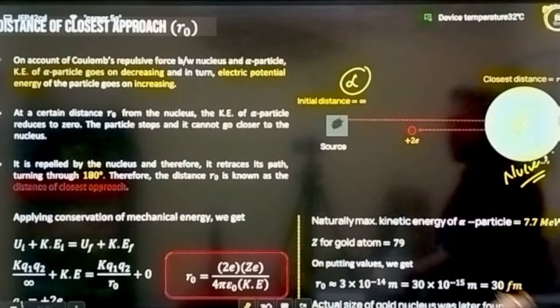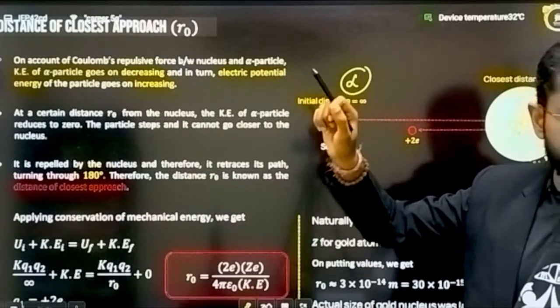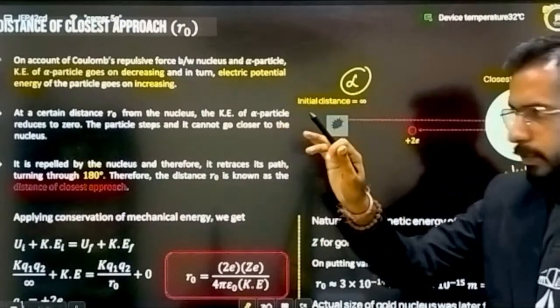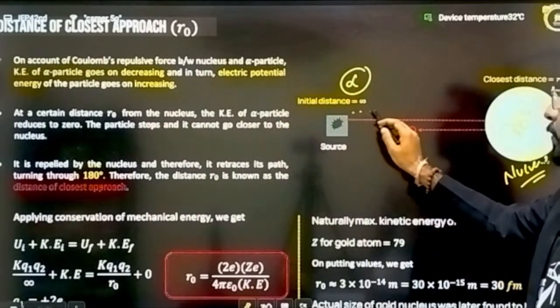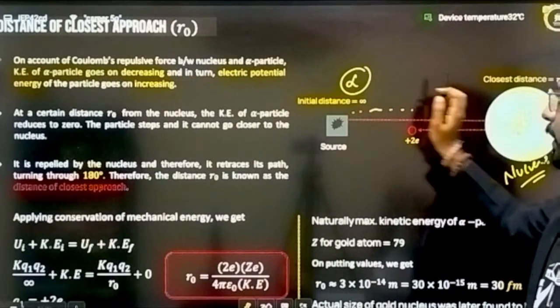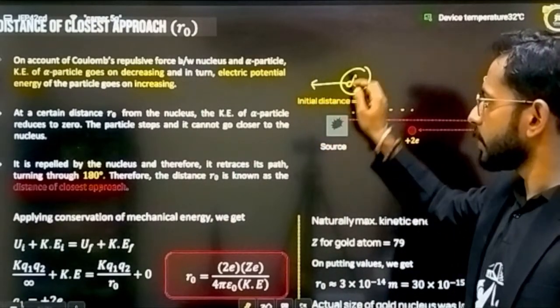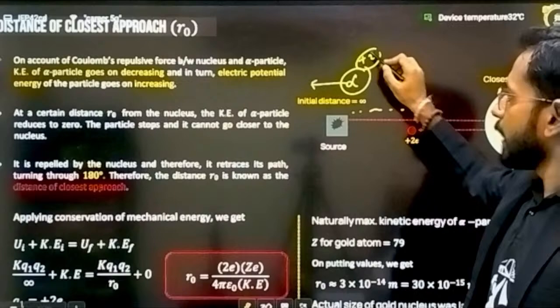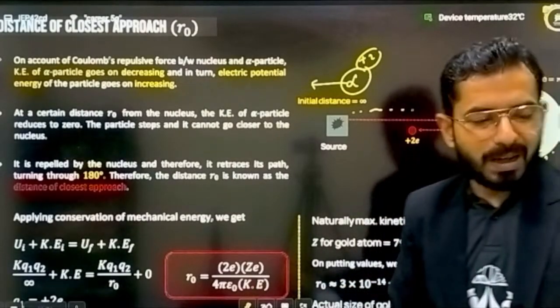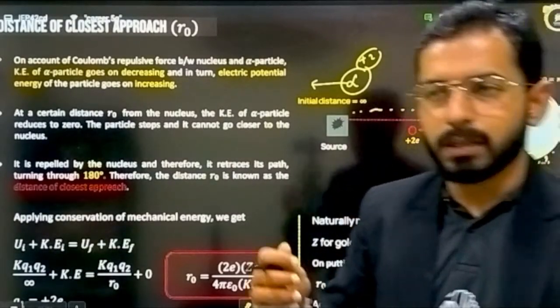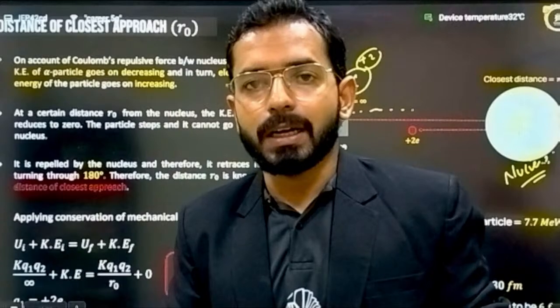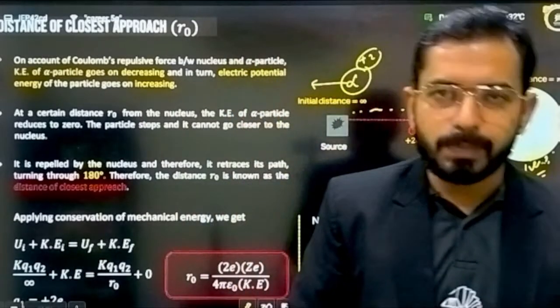Initially it has some momentum, some velocity, so it will be moving towards the nucleus. But it will feel a repulsive force also, because this is a positive charge and the nucleus is also a positive charge. That means they will constantly feel a Coulombian repulsive force.